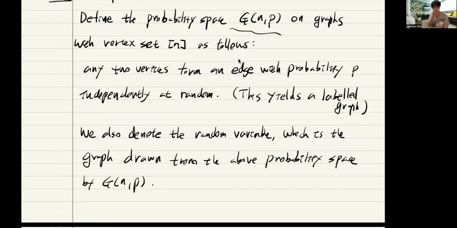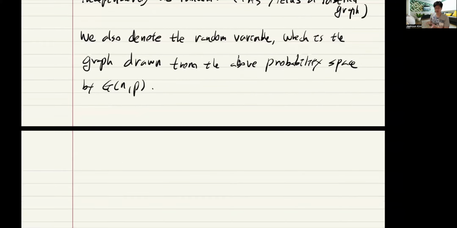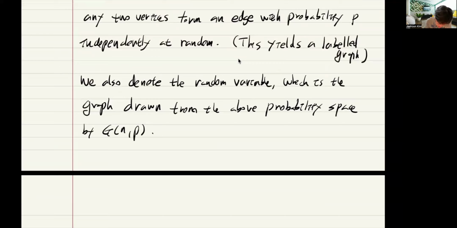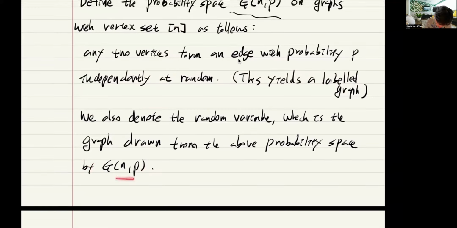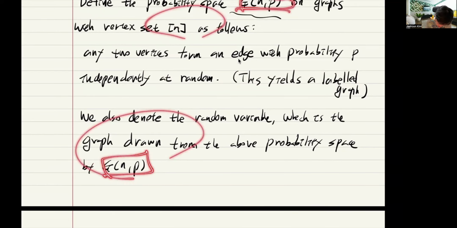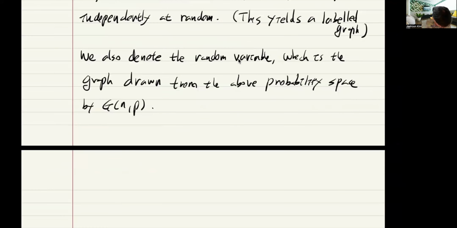So this G(n,p) is a probability distribution as well as the graph that we obtain, the random variable. So sometimes we treat it like a graph, sometimes we treat it like a probability distribution. We abuse this notation by denoting two different things in the same way, but it will be clear from the context.